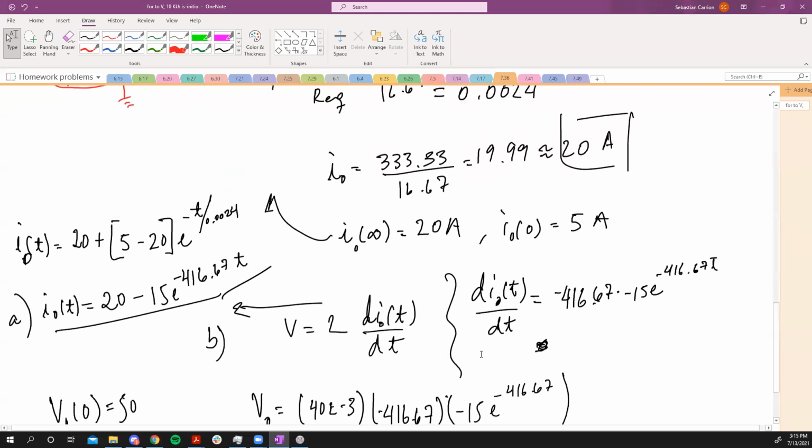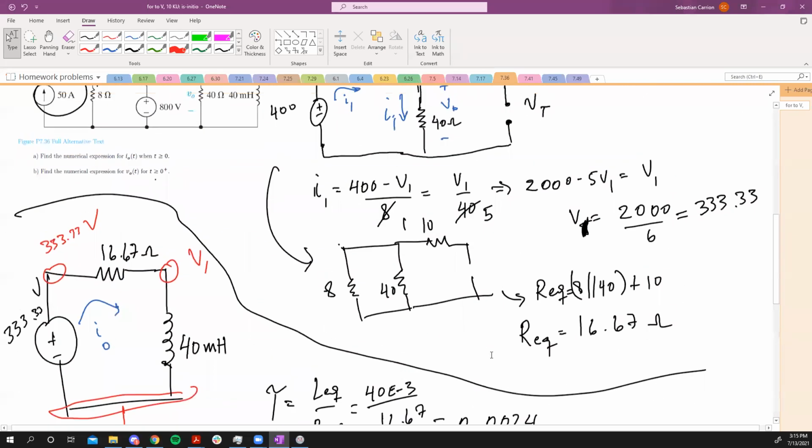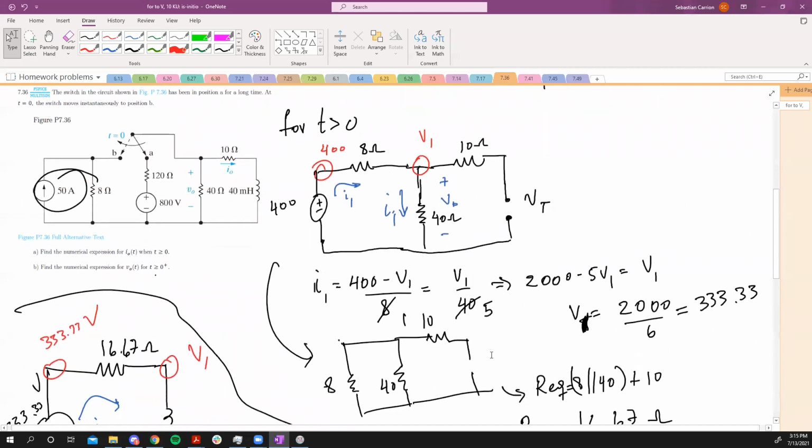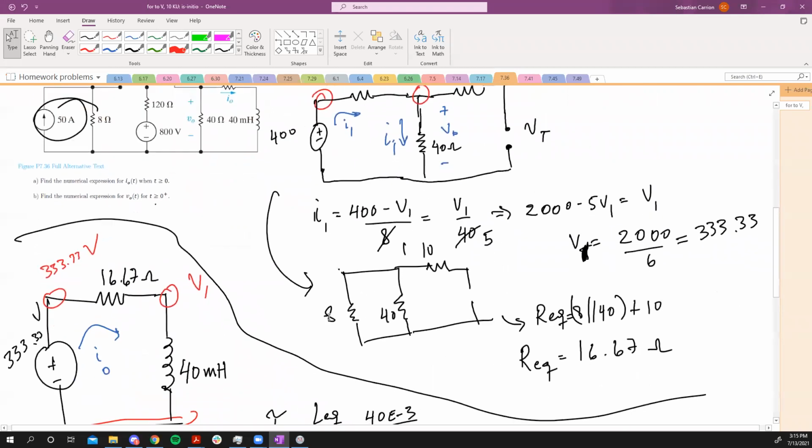So just make sure. Yeah, so V naught is going to be the sum of the functions of these two.